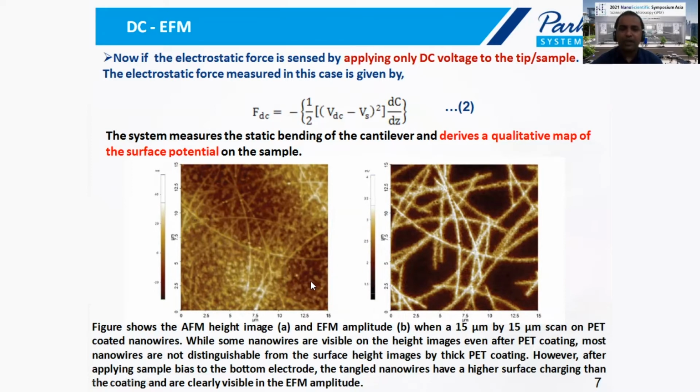But if you apply a DC bias to such a sample, these PT coated nanowires have higher surface charging, and they are clearly visible in your EFM amplitude image as compared to your height image of that particular sample. So here these nanowires are now clearly visible, which were not visible in your height image.